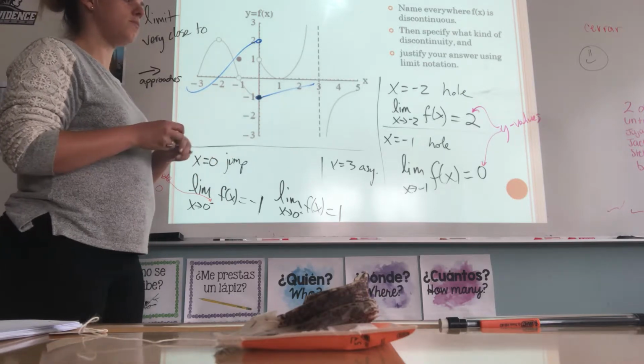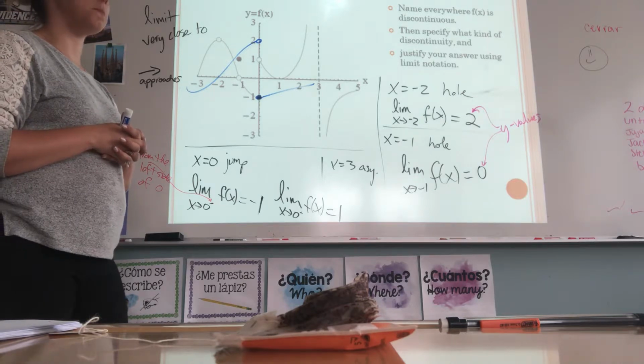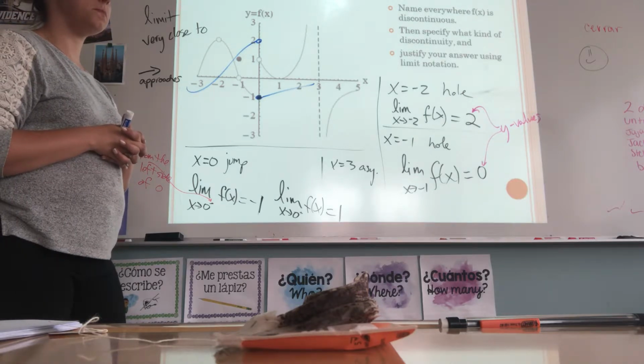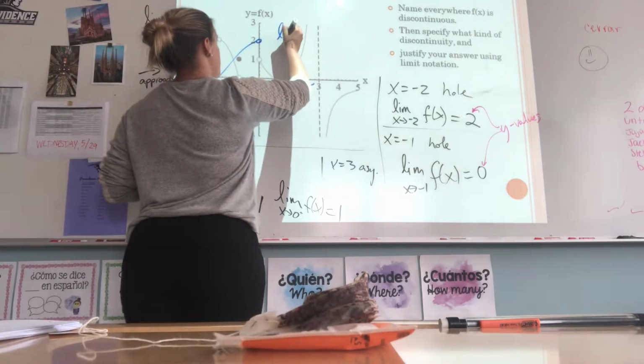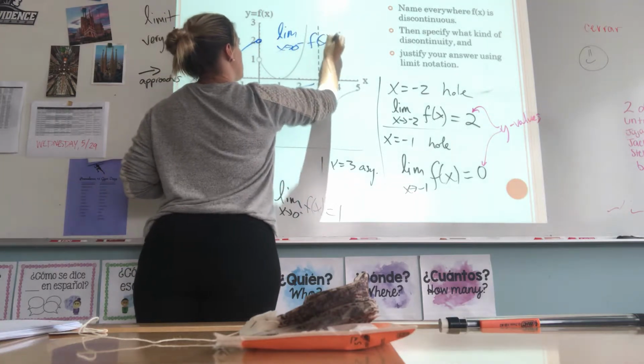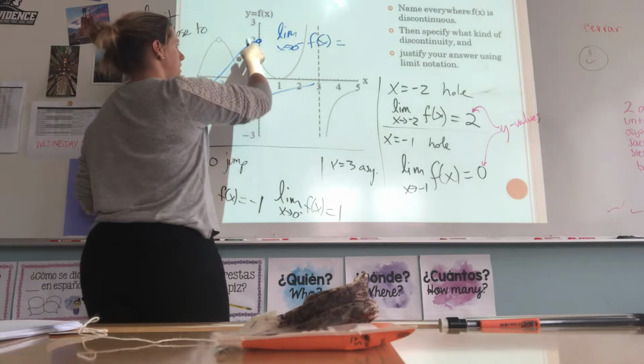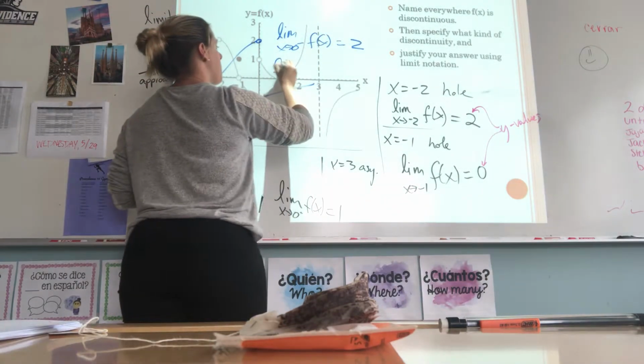So you're telling me that the limit as x approaches 0 from the left is positive 2, and then it's the opposite.